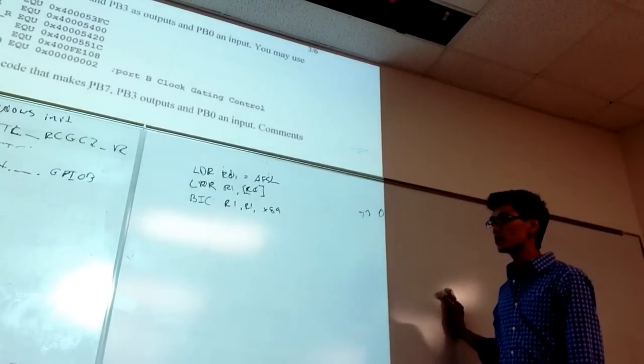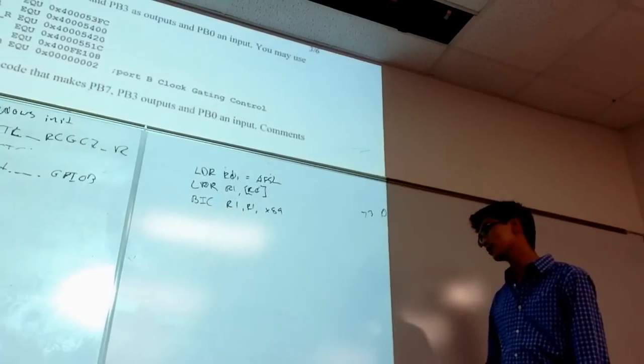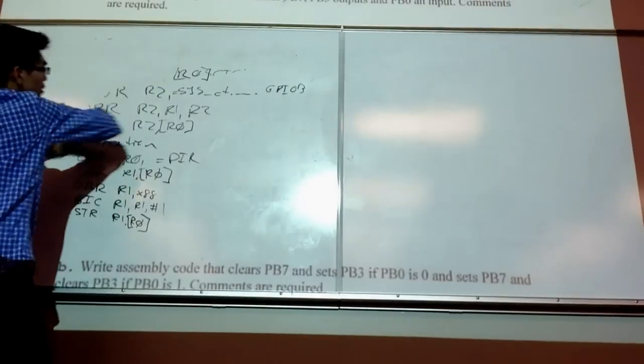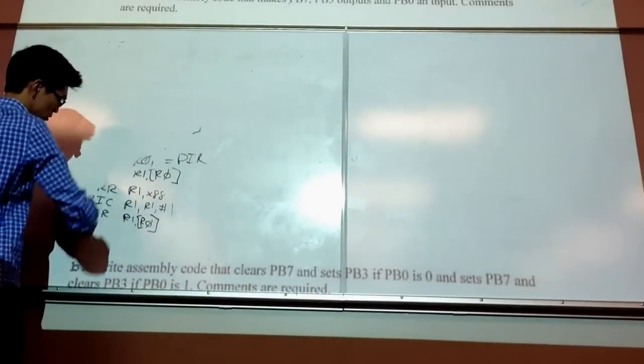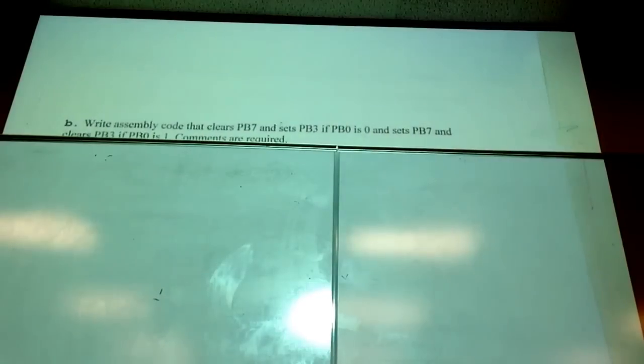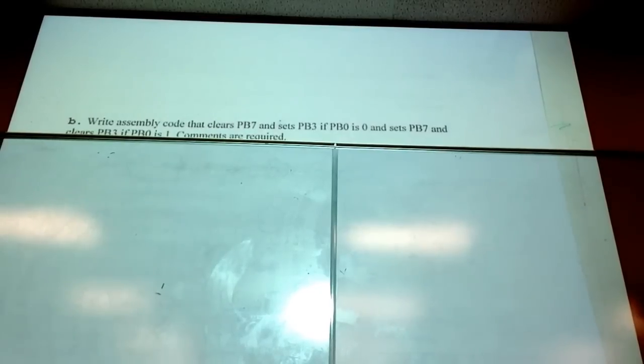And then the next question is write assembly code that clears PB7 and sets PB3. So the next part is write assembly code that clears PB7, sets PB3, PB0 is 0 and sets PB7, and do the opposite if not.